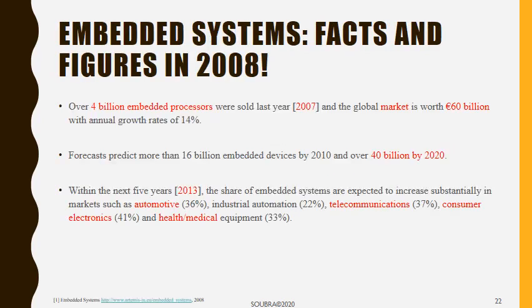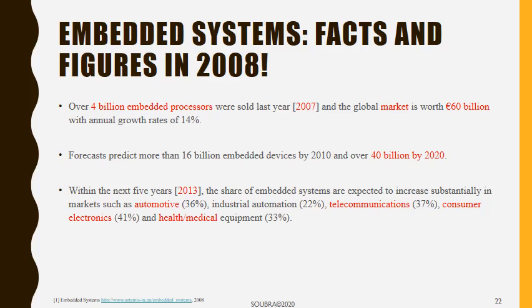Here I'm giving you some figures from 2008, and this is where I personally entered the embedded system domain in the job market. That was my very first job in 2008.